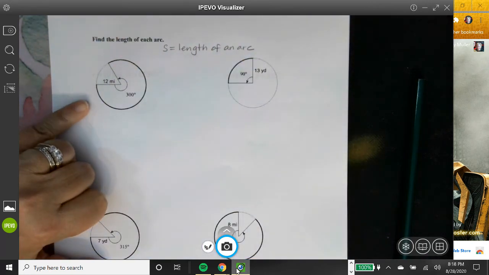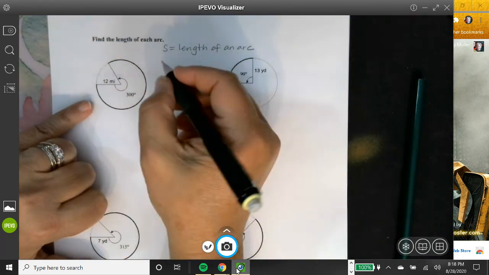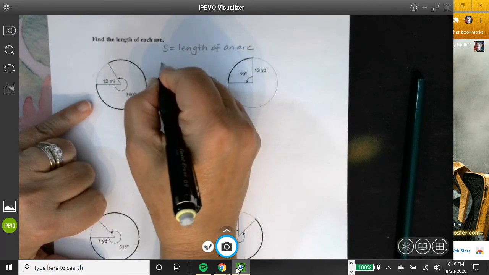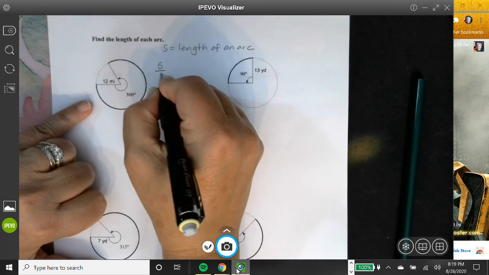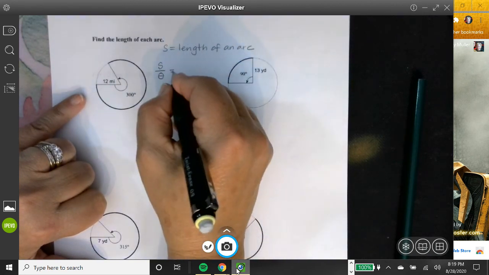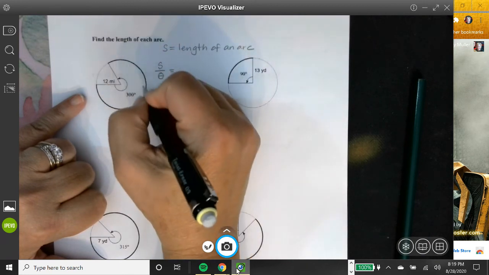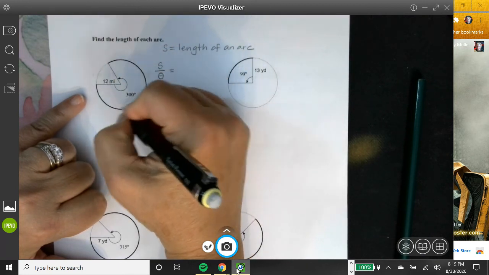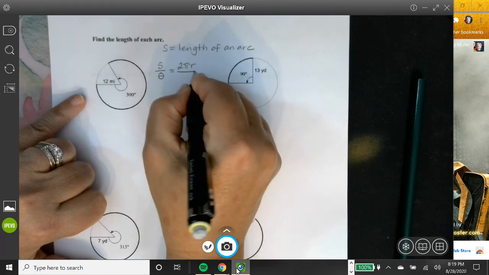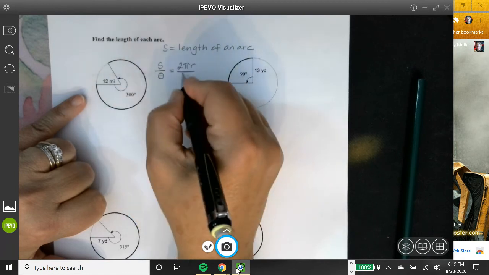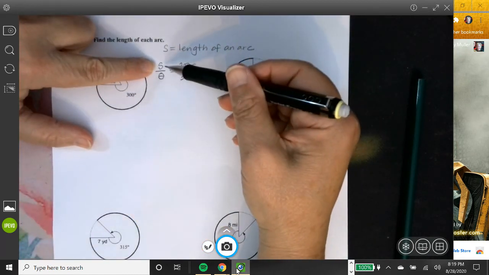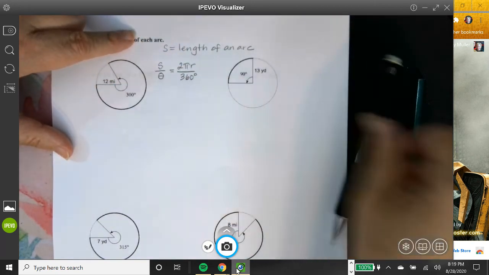and the formula is, and this is what I like to say, the arc length is to the central angle that intercepts it, as all the way around. So what's all the way around? Because arc length is just a portion of the circumference. The circumference is 2 pi r, is to all the way around in a circle, which is 360 degrees.